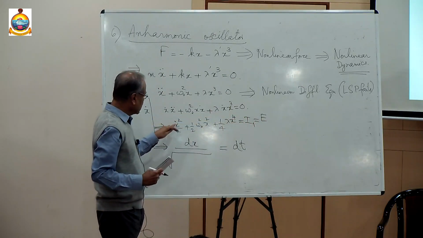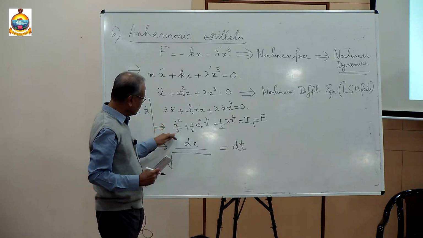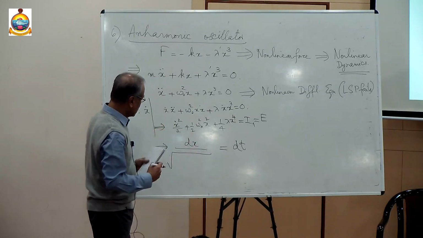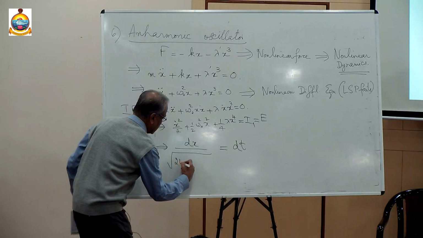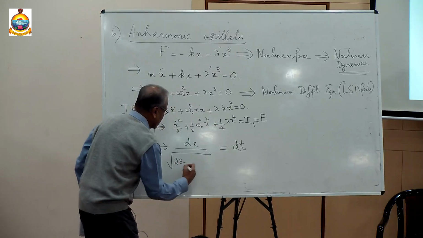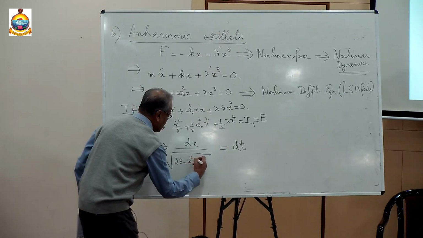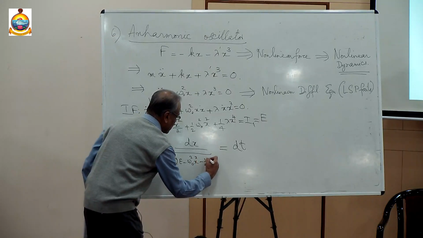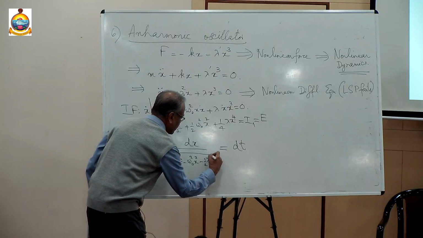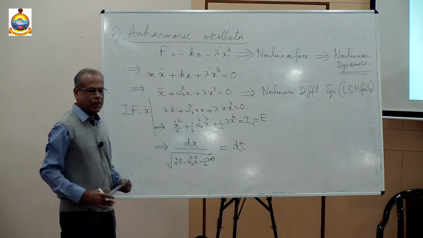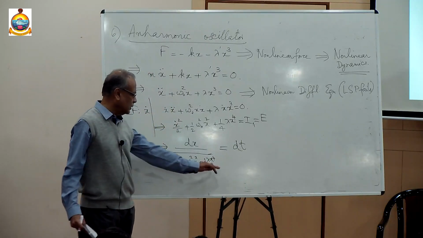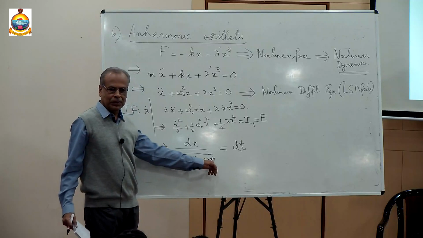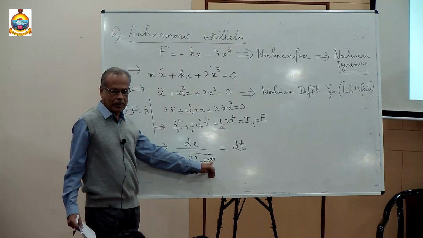You have dx by dt, and you get a square root of 2E minus omega naught square x square minus 1 by 2 lambda x power 4. And the whole difficulty comes because you have this new term.